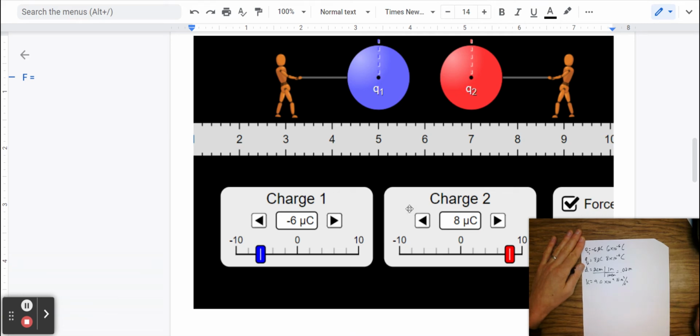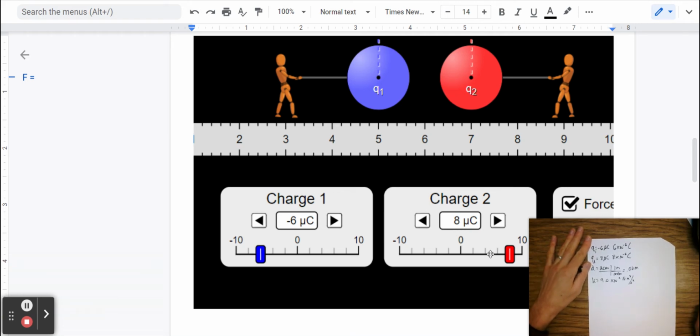All right? So that's my info. I know that's kind of hard to see from a distance, but there's my charge 1, there's my charge 2.